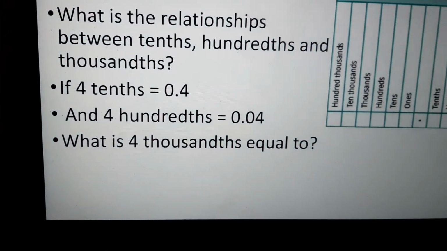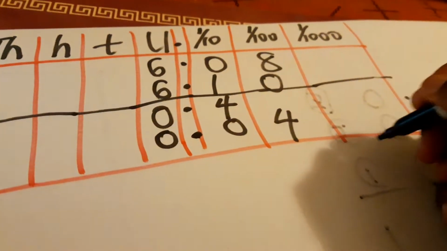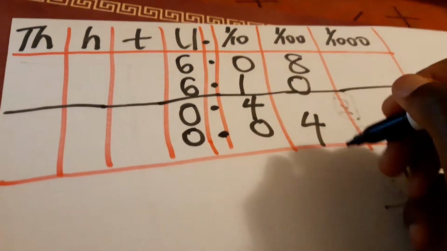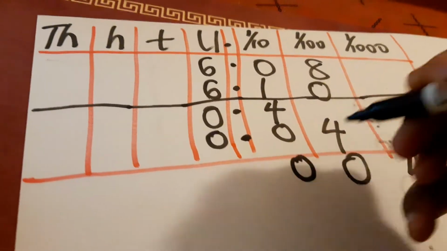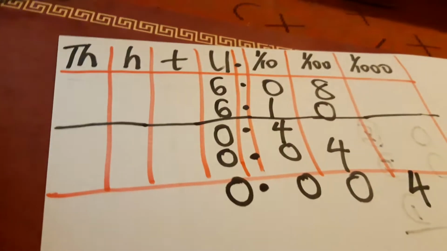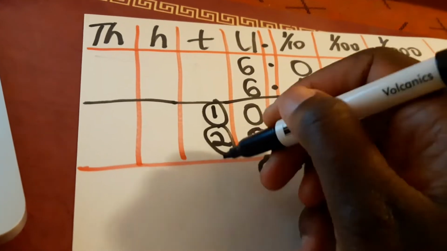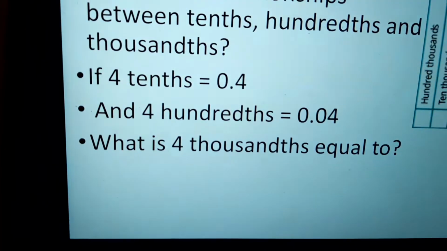And then it says, what is 4 thousandths equal to? Now I go under my thousandths column and I put 4, and then I can put 0.0 to help me as a placeholder. So now let me number them so we know which ones we are working with. So the question again, what is 4 thousandths equal to?